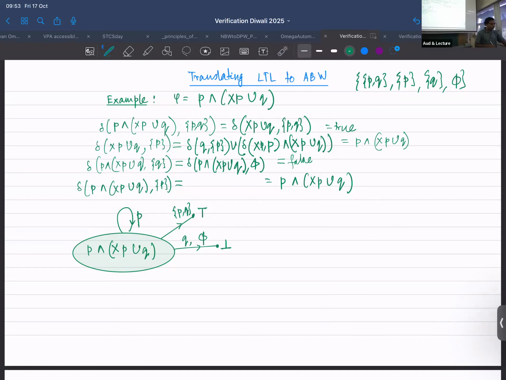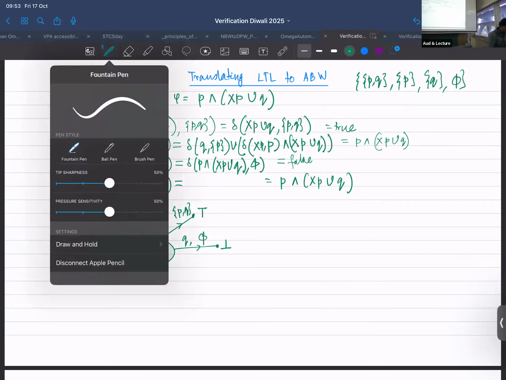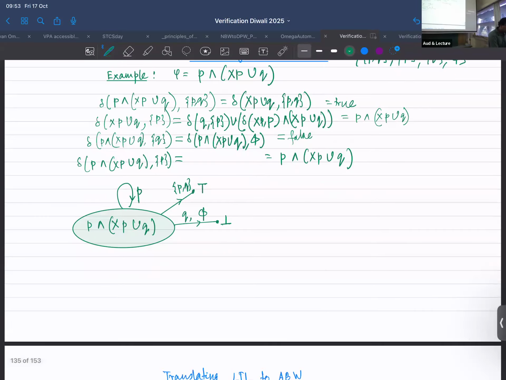What is this? P on empty is false, and XP until Q on empty, it's a conjunction of two things.